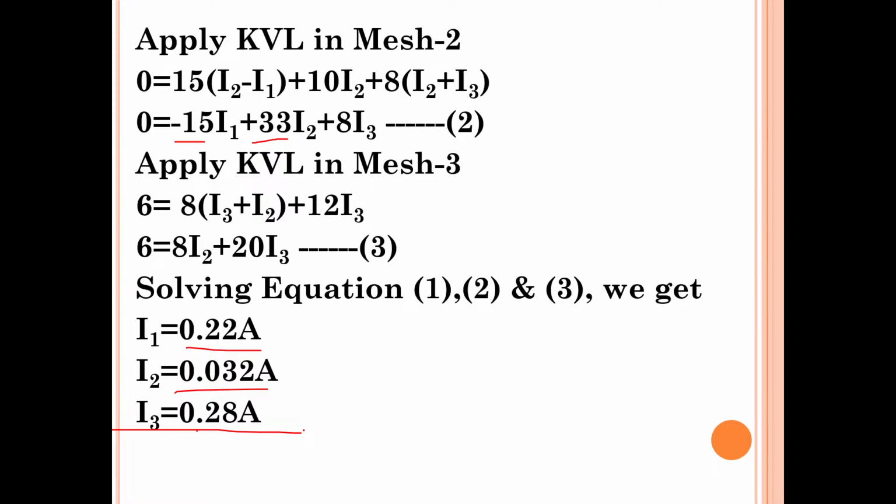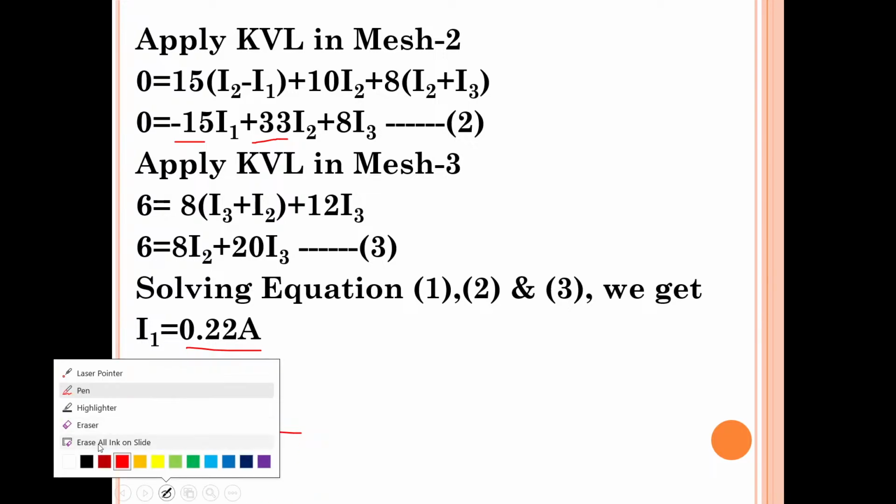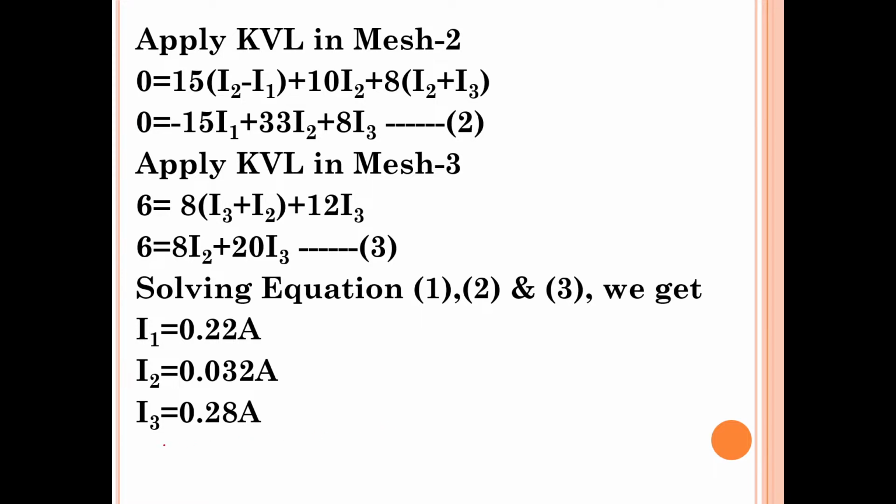First I1 value will be displayed, then press equal to, then I2 value will be displayed, then press equal to and you will get I3 value. If you don't know, you can ask a senior to explain it with the calculator. So using the scientific calculator you can determine I1, I2 and I3 values.